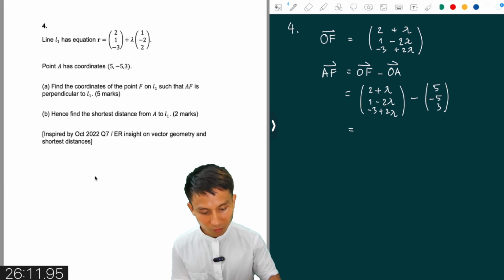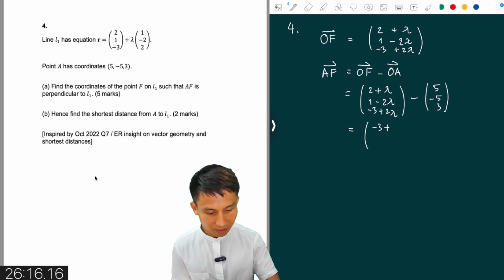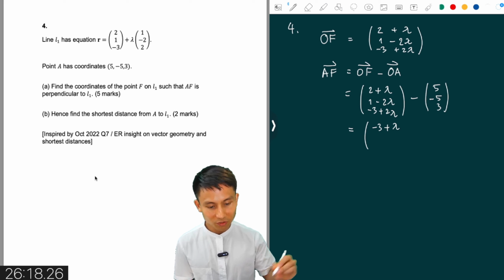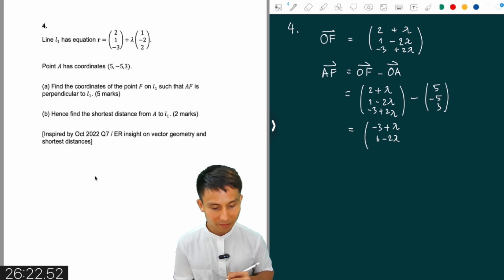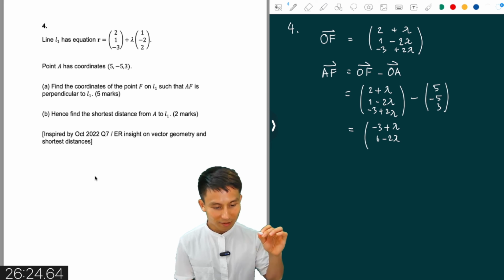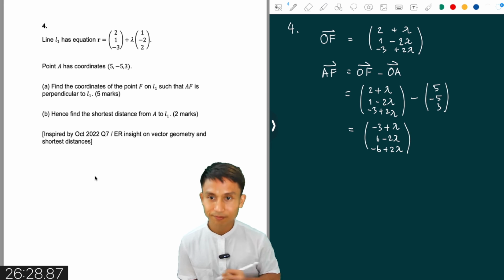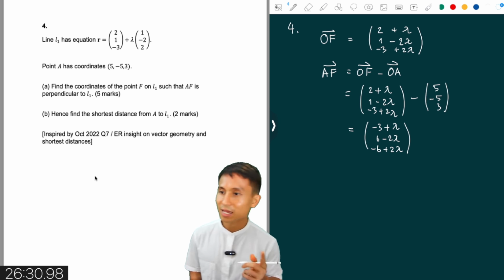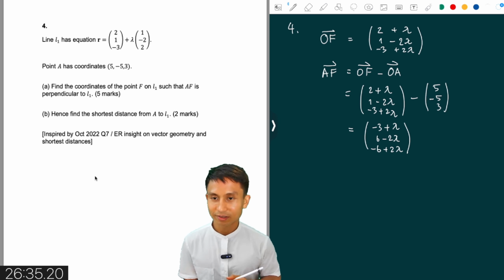So AF will be 2 plus lambda minus 5, this is minus 3 plus lambda. 1 minus 2 lambda minus 5, so that's 6 minus 2 lambda. Minus 3 minus 6 plus 2 lambda here. Right? That is AF.